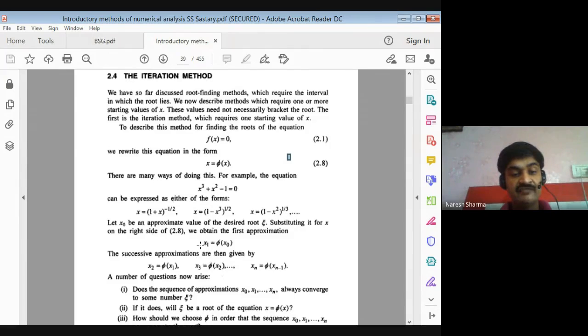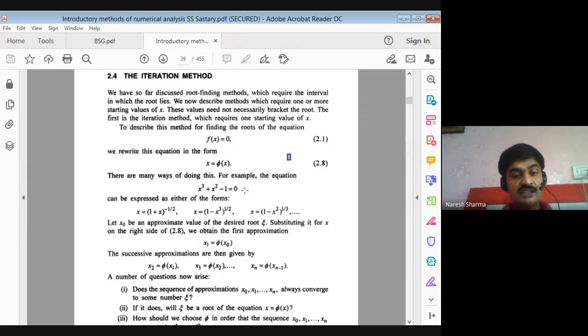So that is 1 minus x cube, and taking the square root on both sides, we get this second equation. Here, if we shift this 1 to the right hand side, then take x square common from these two, we get 1 plus x, and divide this 1 plus x to the right hand side.